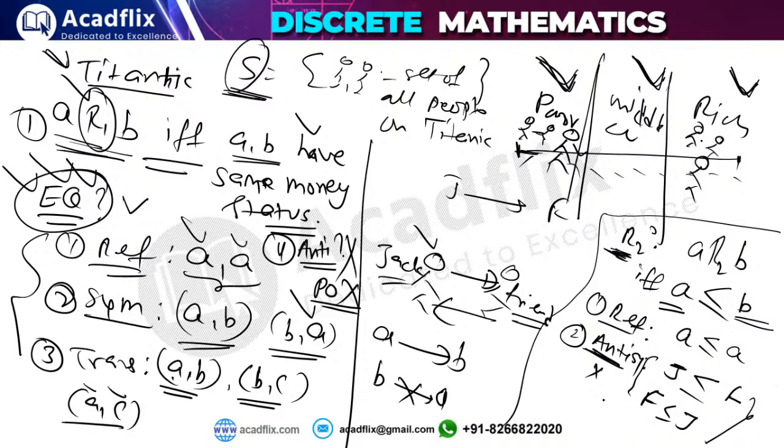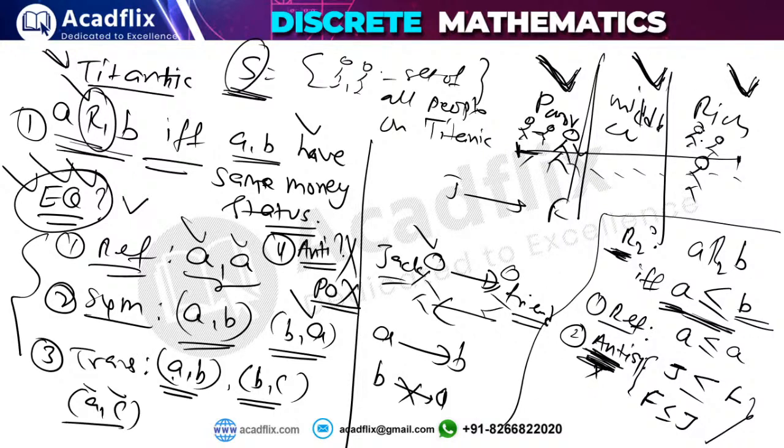This relation is also not anti-symmetric. Let's leave this example. You can see this is not anti-symmetric. The reason is that we have three money statuses: poor, middle class, rich.